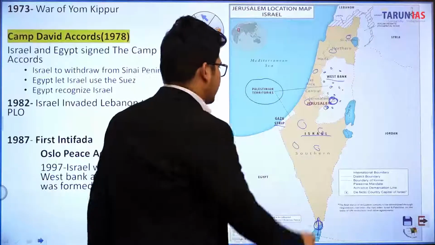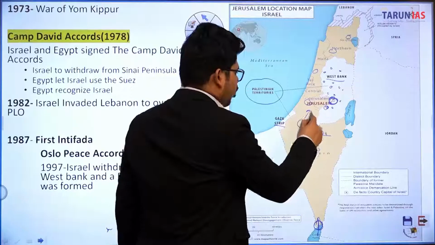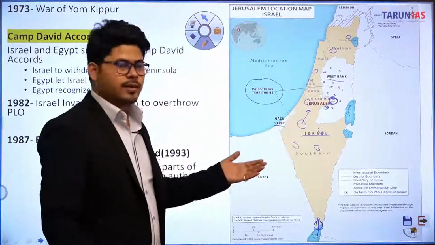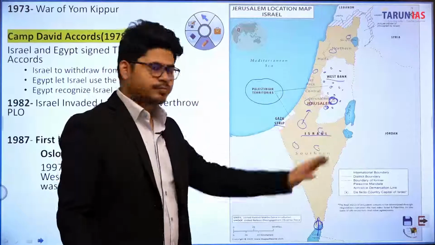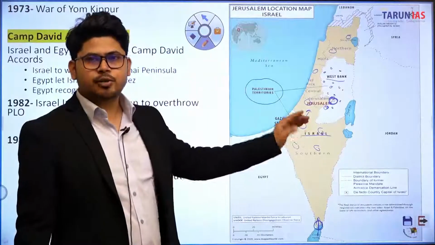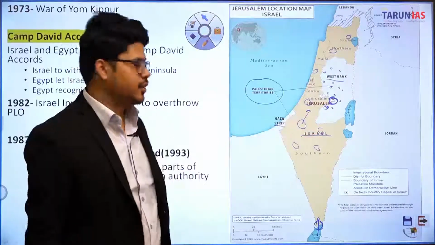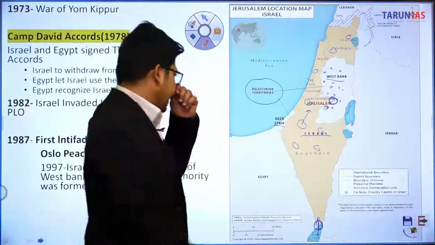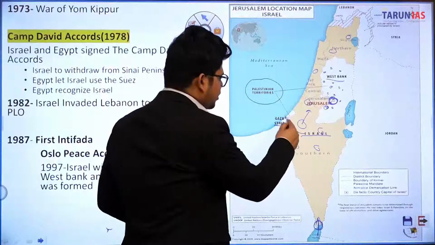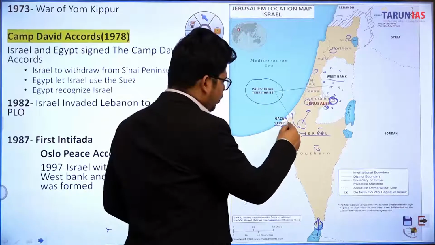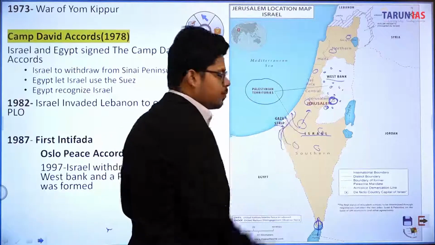But what happened was, after the war of 1948, Israeli army won and declared independence. At the same time, Israel was given recognition by United States, UK, France, all these countries. But what happened to Palestinians was, they had to flee, and they fled to Gaza Strip, this area. Okay, this area was actually owned by Egypt.